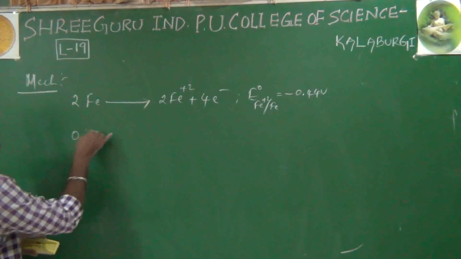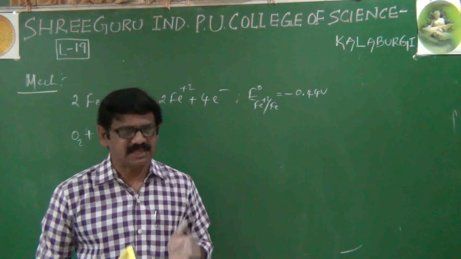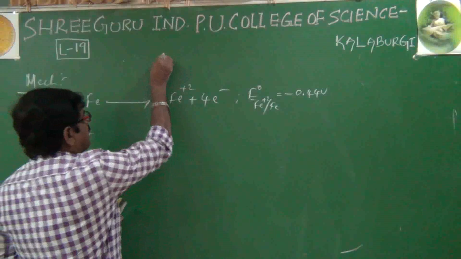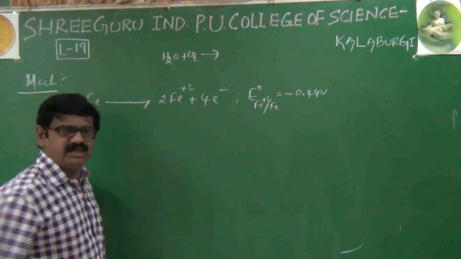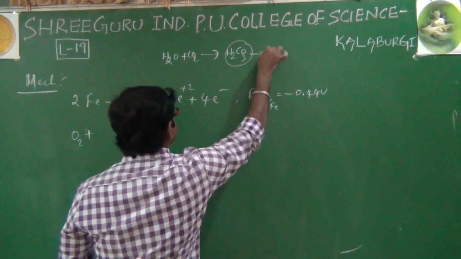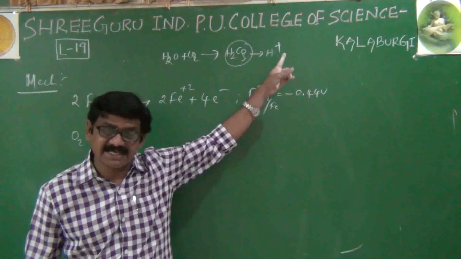Now we write oxygen. Oxygen in the presence of electrolyte. Now what is electrolyte? Electrolyte here means moisture as well as carbon dioxide, both react with each other. You will get H2CO3. In that H2CO3, H plus will act as electrolyte as well as catalyst.